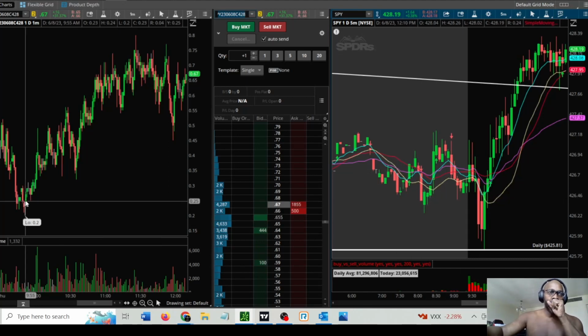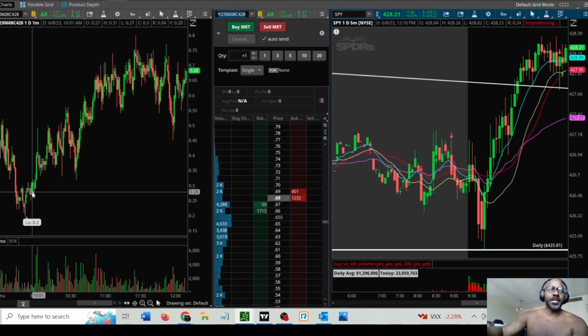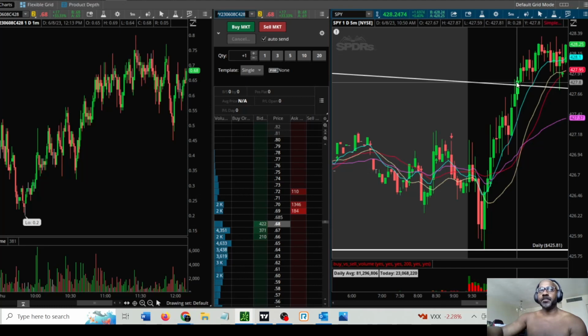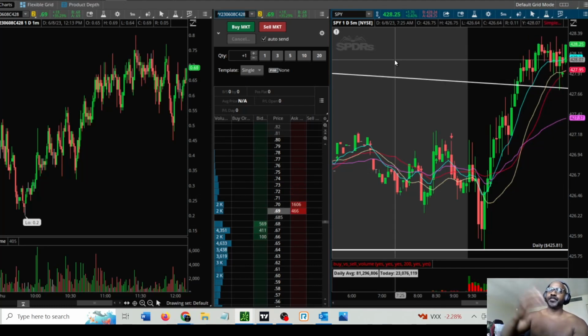I got in at say 26 or 25, and I got spooked out and exited at 25. Whatever. But if I had more money in my account, I could have got in at the breakout or at the retest here. So yeah, this is gonna push even higher, and VIX is gonna keep going even lower.